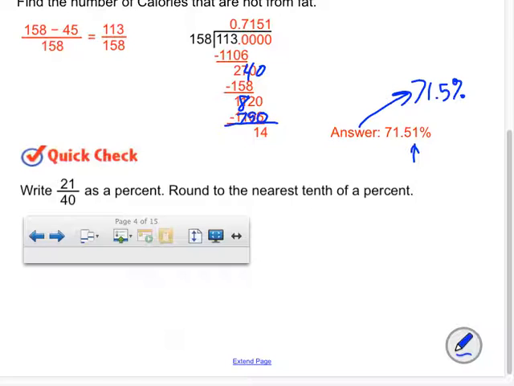Okay, and then 790 from 820 is going to be what? 30. 10 more gets me to 800, plus 20 more gives me 30. And if I brought down another 0, right, I couldn't go 2, right? That'd be too much, so I'd have to go 1, so that would have to be 1.